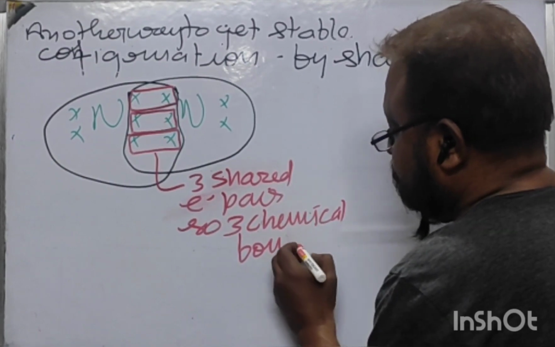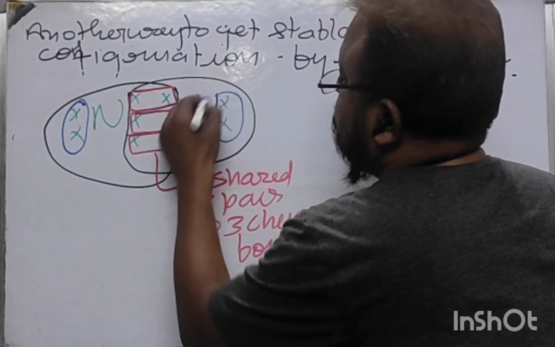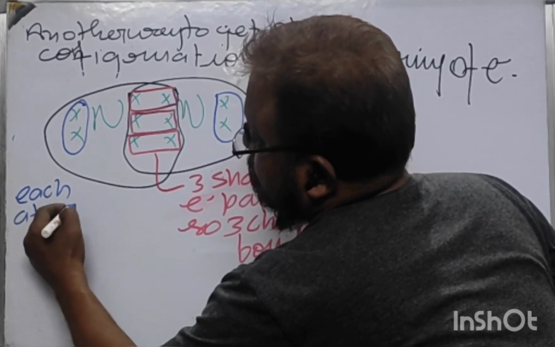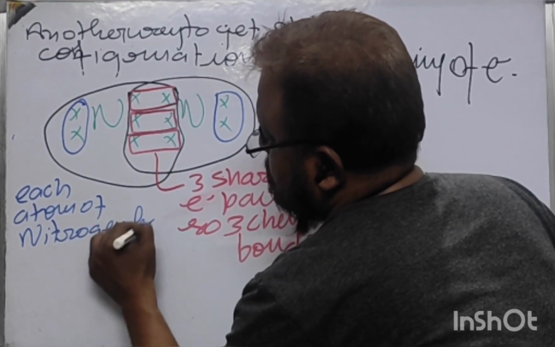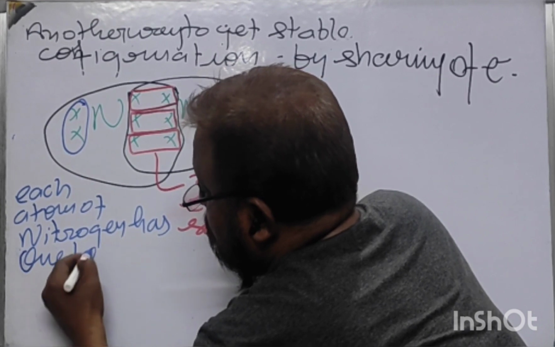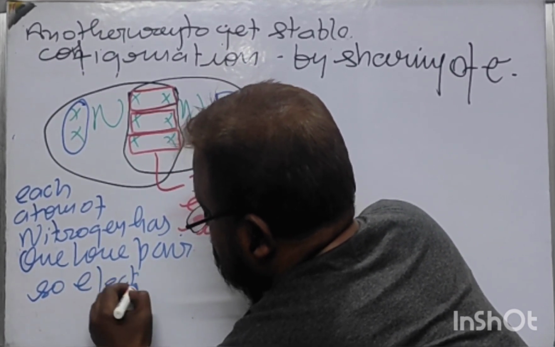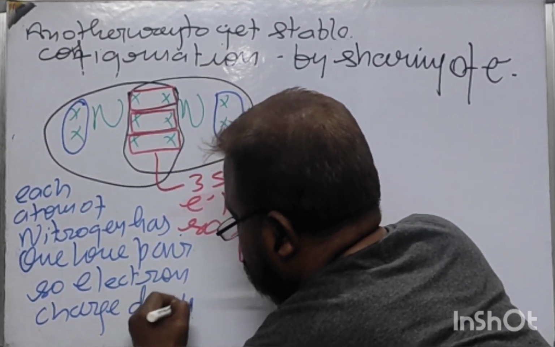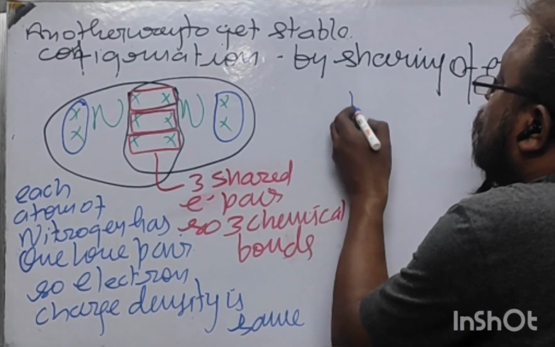Each atom of nitrogen has one lone pair of electrons. So the electron charge density is the same, right?